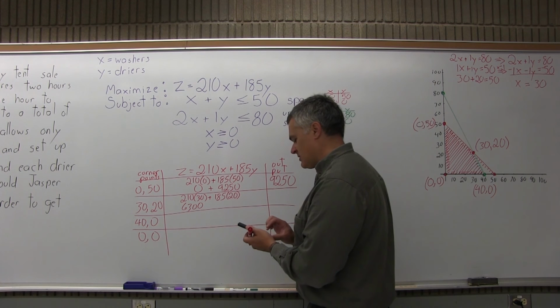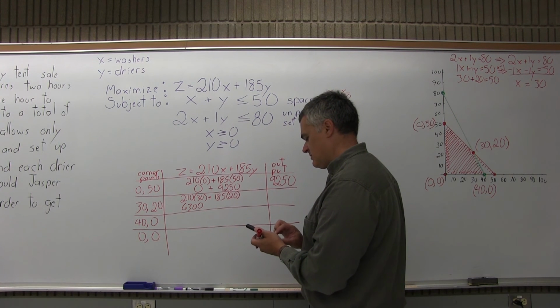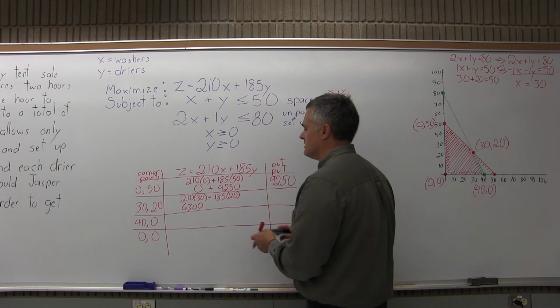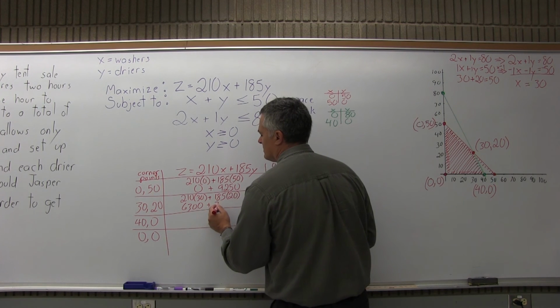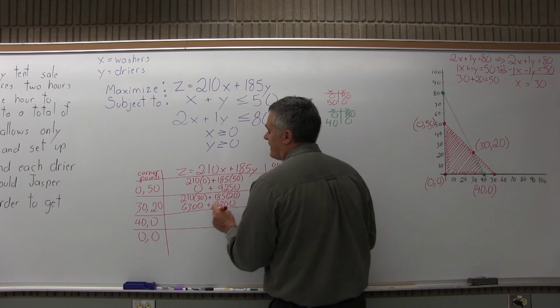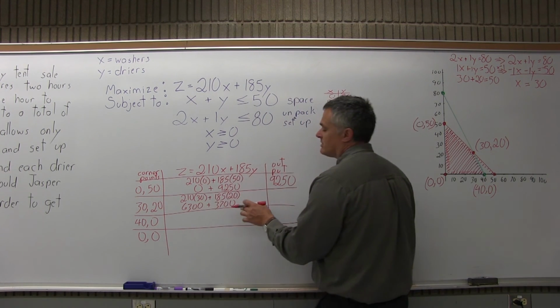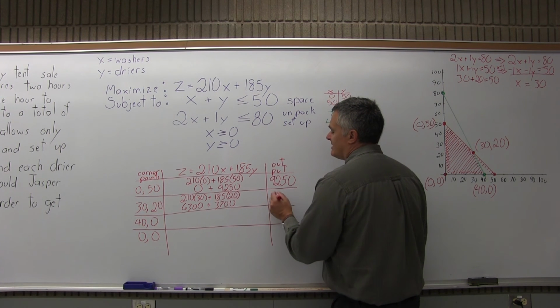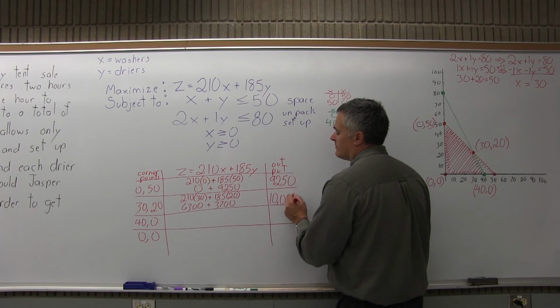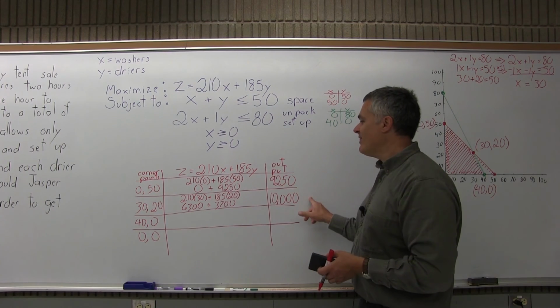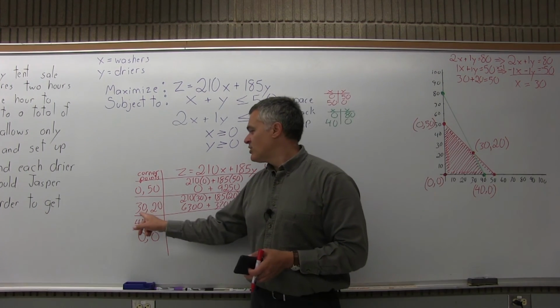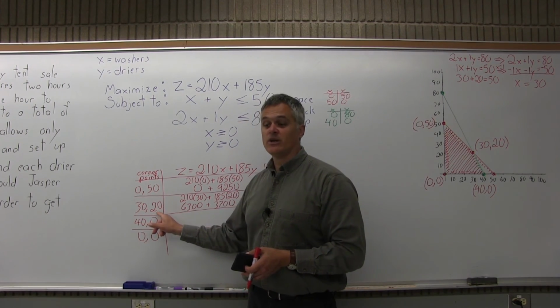I'll check that just to make sure. It is. And then if you add 6,300 plus 3,700, that's 10,000. That's a little bit better. So Jasper will have a profit of $10,000 by setting up 30 washers and 20 dryers.